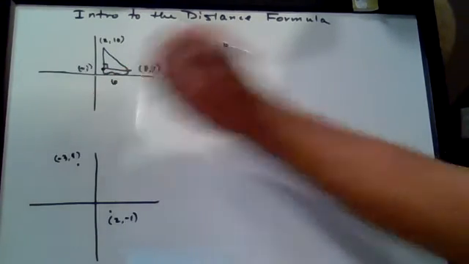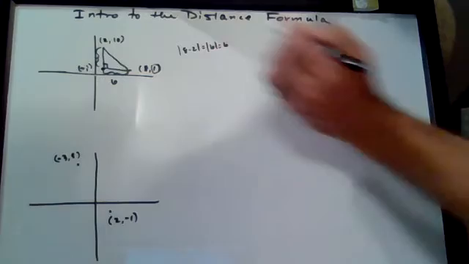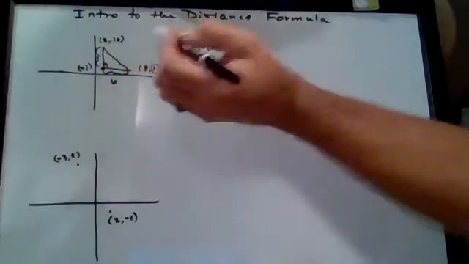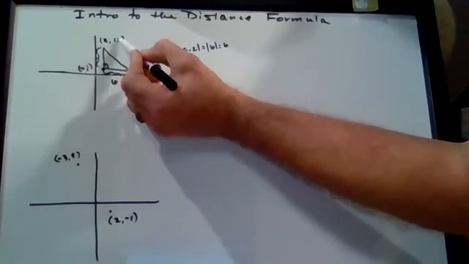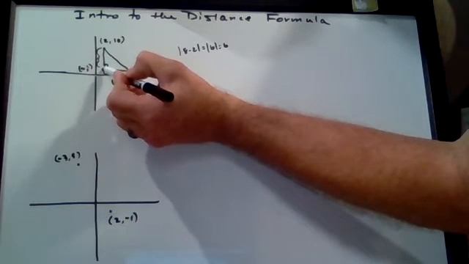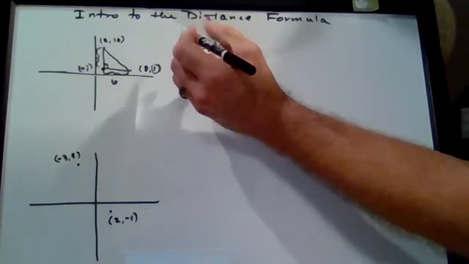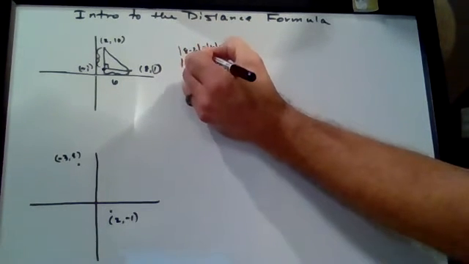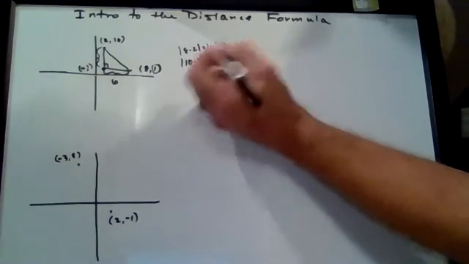So this distance is 6. We can do the same thing for this. So we know that this is at point 10 and this is at point 1. So our distance is 10 minus 1, which is the absolute value of 9, which is 9.